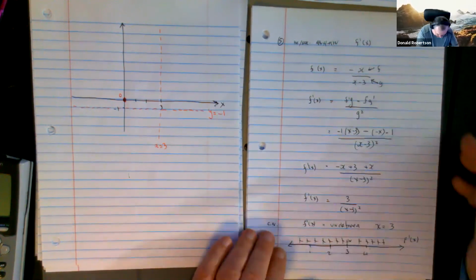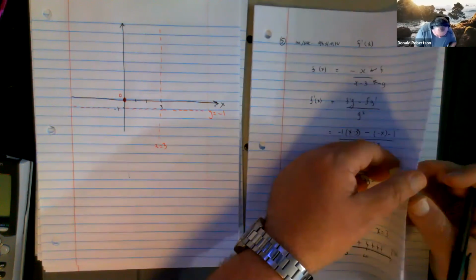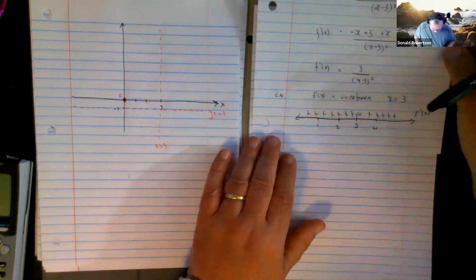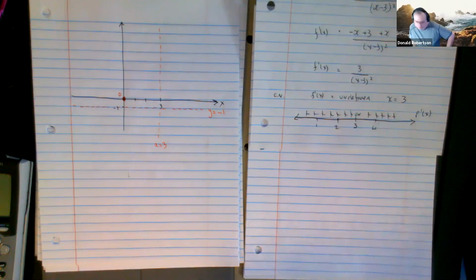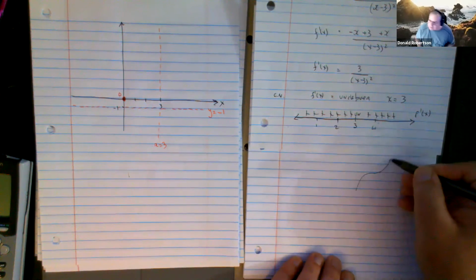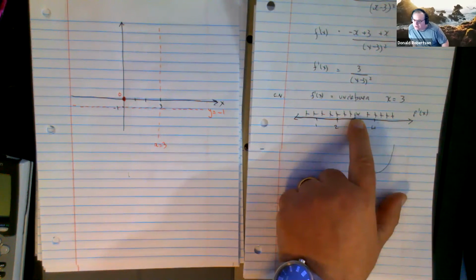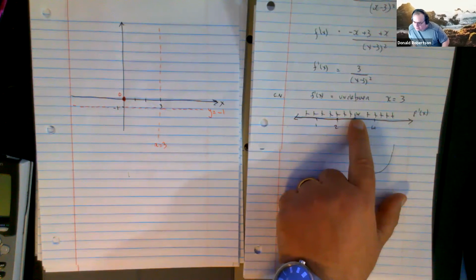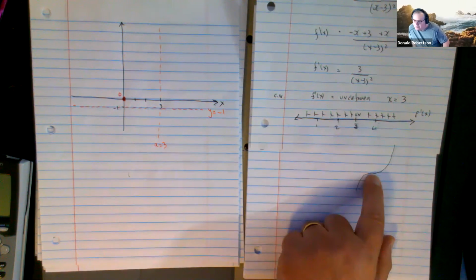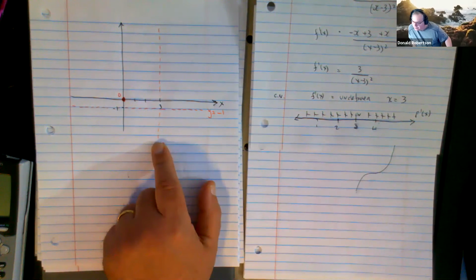And now I have to figure out, what is that telling me? It is not telling me that I have a horizontal point of inflection, which would be that. And the reason it's not telling me that is that this is undefined. It is not a flatline. We actually know what this is. Isn't it a vertical asymptote?